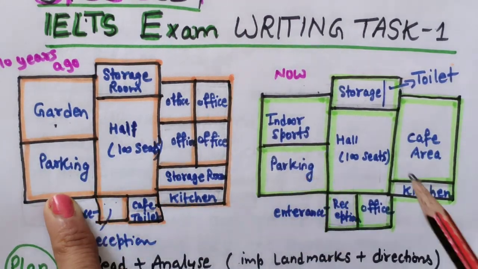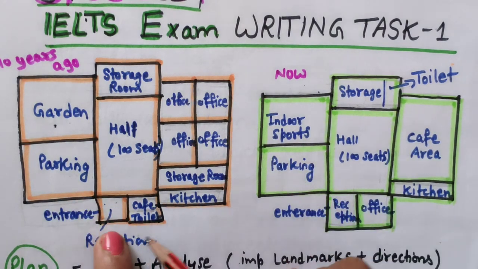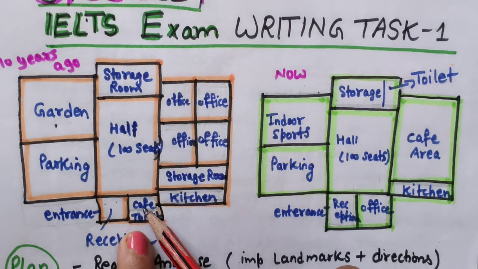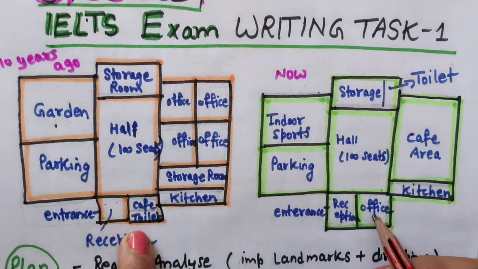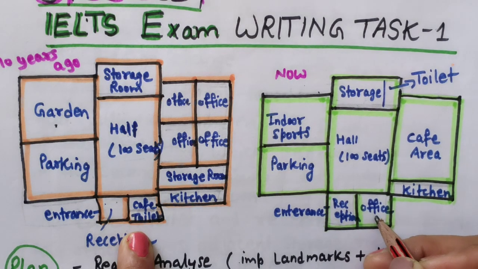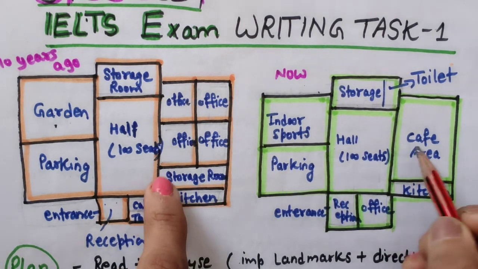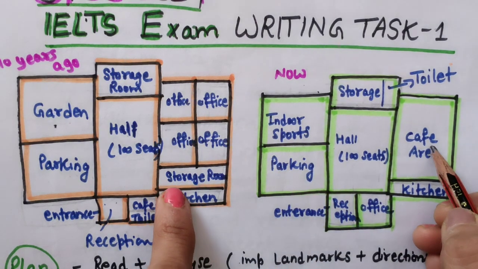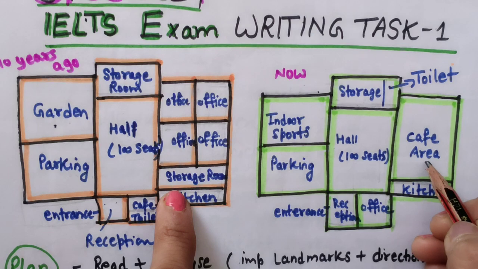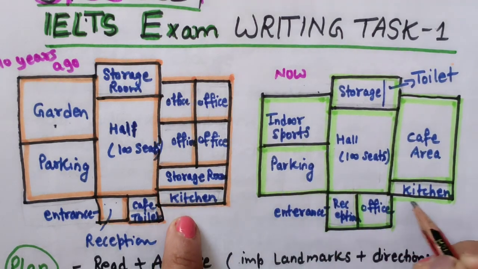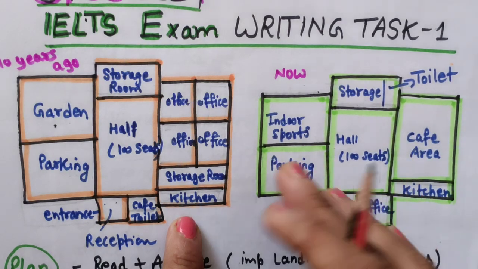Parking remains the same, meaning untouched, and entrance and reception are the same. But instead of the cafe and toilet they have removed everything and made a working space office. And instead of four office rooms, they have created one big cafe area, and they have removed the storage room, and the kitchen remains the same. So these are the changes.